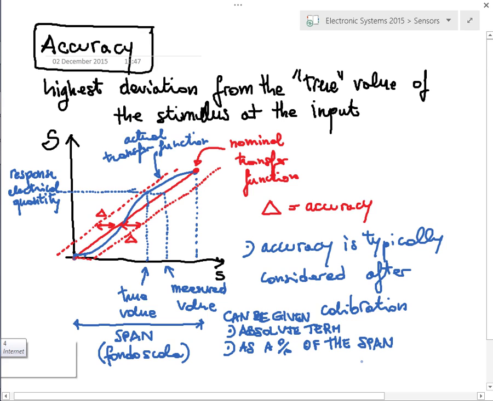So if the thermometer is from 0 to 100 Celsius degrees, I can say that the accuracy is 1% of the span. It's the same as saying 1 degree in that particular case. Or in some cases it is given as a percentage of the measured quantity.